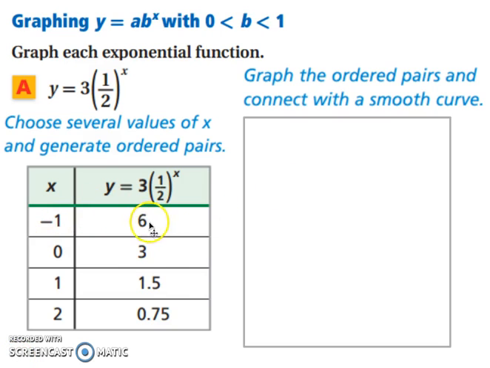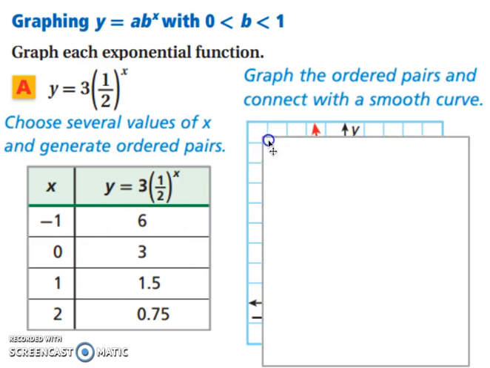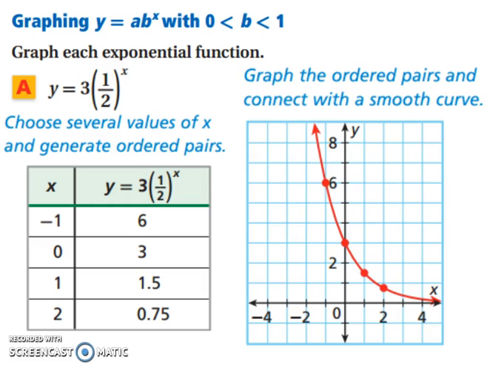So now that you have your table of values, we can plot those points, just like we've been doing. So we had our -1, 6, 0, 3, 1, 1.5, and 2, 0.75.